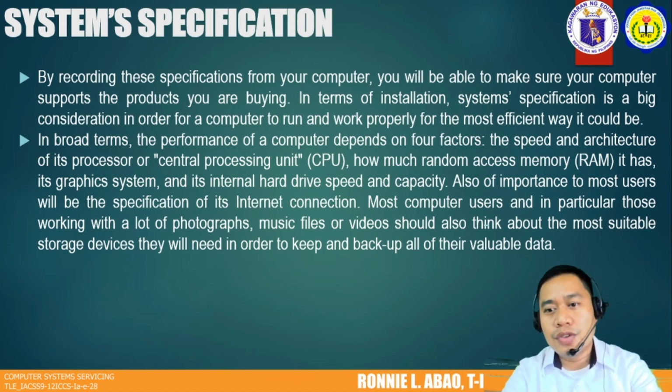In terms of installation, system specification is a big consideration in order for a computer to run and work properly in the most efficient way it could be. In broad terms, the performance of a computer depends on 4 factors: the speed and architecture of its processor or central processing unit, how much random access memory it has, its graphic system, and its internal hard drive speed and capacity.